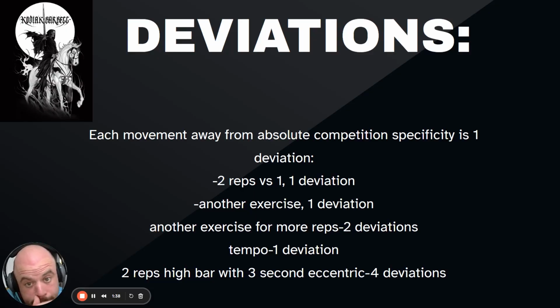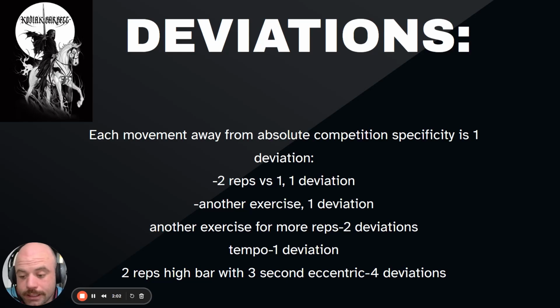So it's important to understand that we always have to have this understanding of dynamic transference in our program, because we do still need things with really high dynamic transference as a thread throughout our training cycle so that we know that the skill being practiced is going to carry over, right?